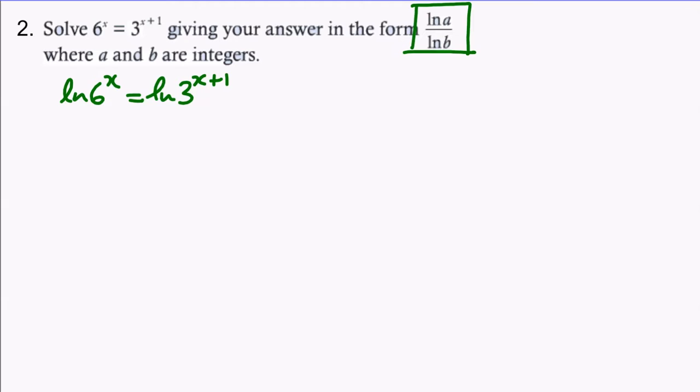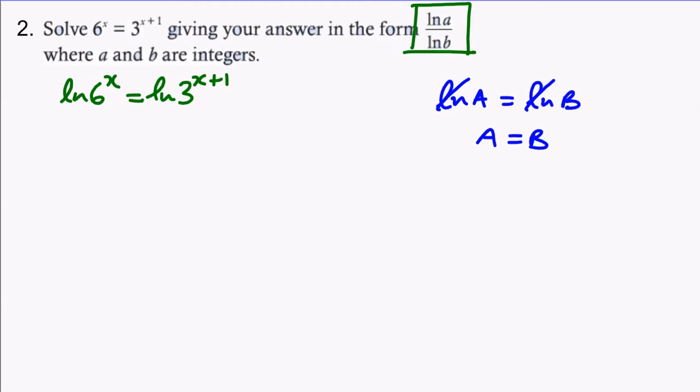Now I'm taking the log of both sides because if you have log of a is equal to log of b, remember when you're looking at laws of logarithms, you can cancel that to end up with a is equal to b. So you can cancel the left hand and right hand side. If you have log of something equal to log of something, so long as they're the same base, you can cancel them.